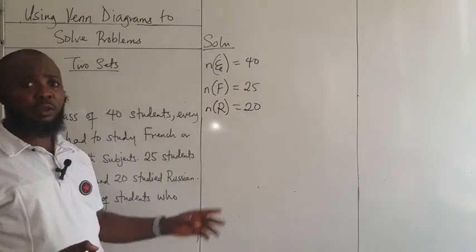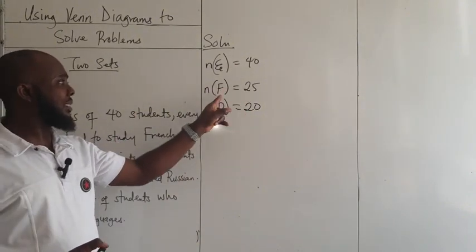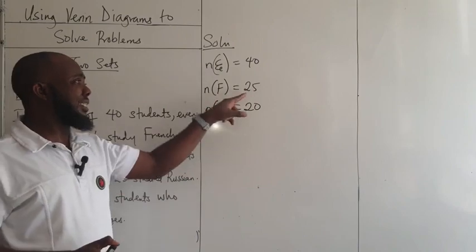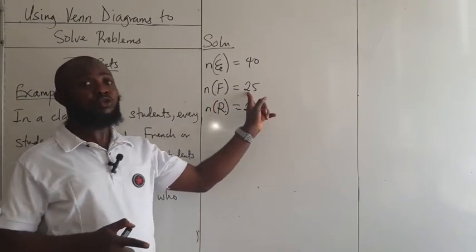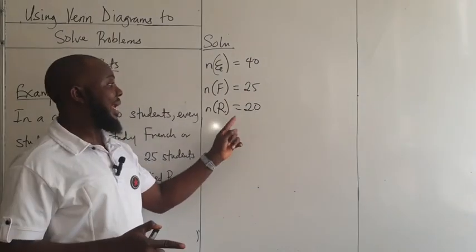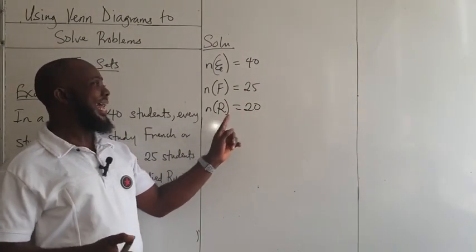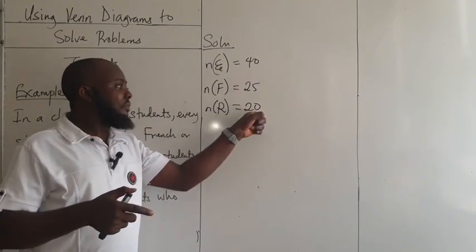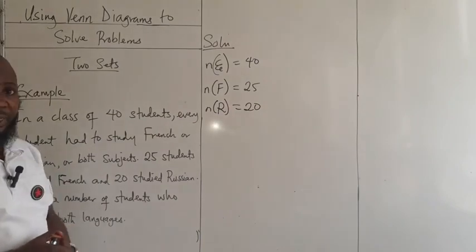Yes, it's more than 40, but you don't have to look at it that way. There are some of the students that study French that also study Russian alongside. So all of them have been calculated together to get 25. And there are some of those students that study Russian and at the same time study French. Everything is inside this 20. So you understand by the time we start looking at it now.